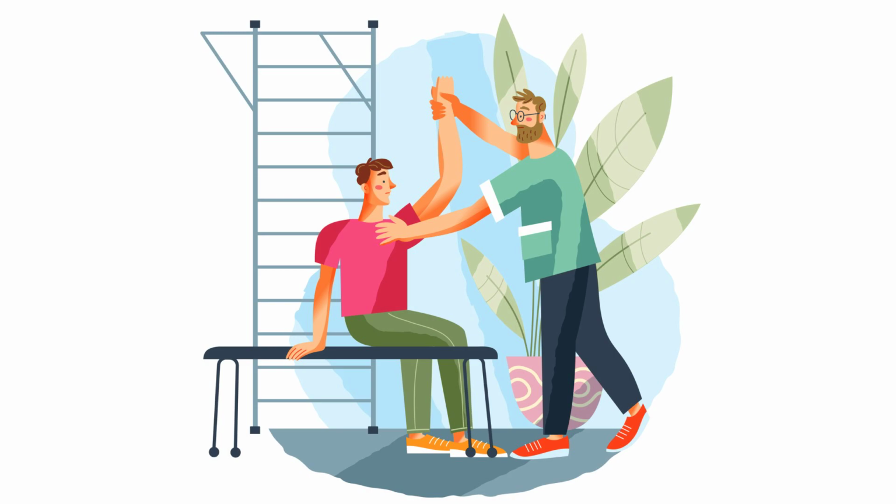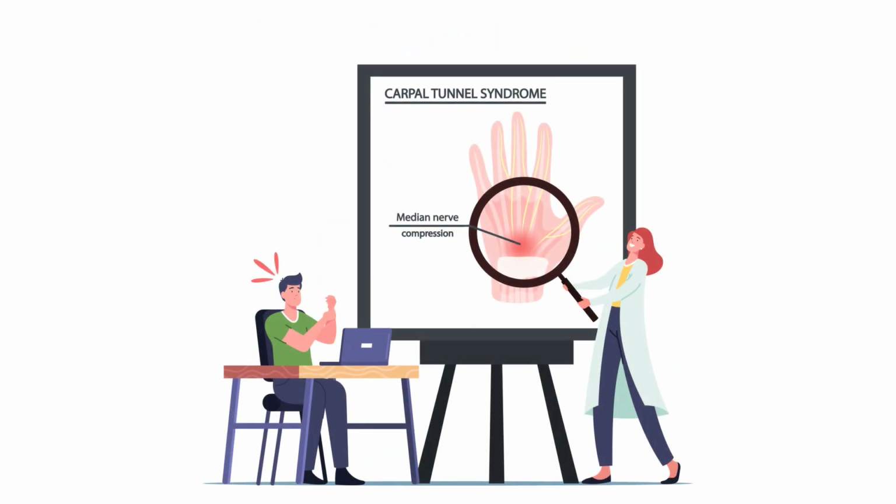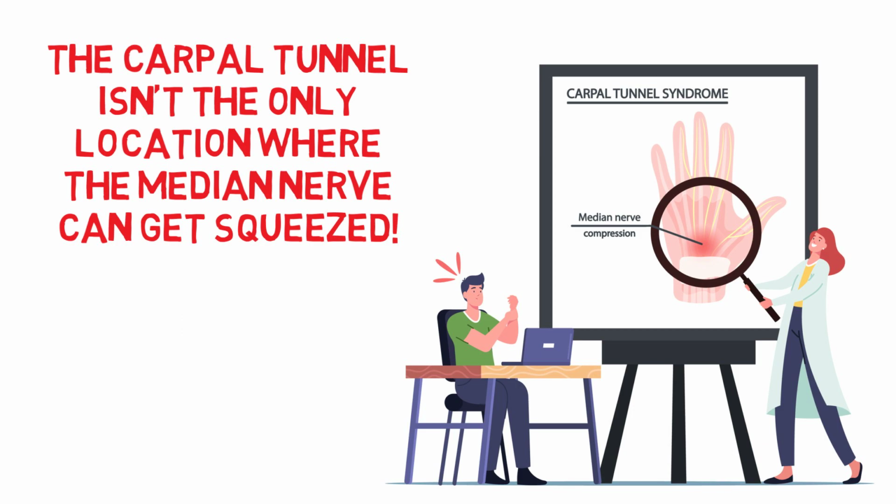Anyway, how do these abnormalities in the upper body that poor computer ergonomics can bring about lead to carpal tunnel syndrome being misdiagnosed often? Well, it's because the carpal tunnel isn't the only location where the median nerve can get squeezed.